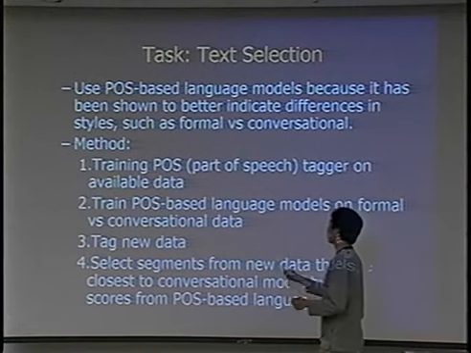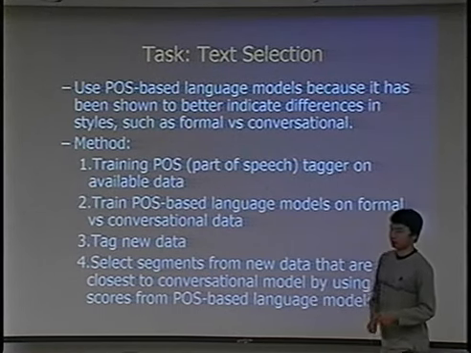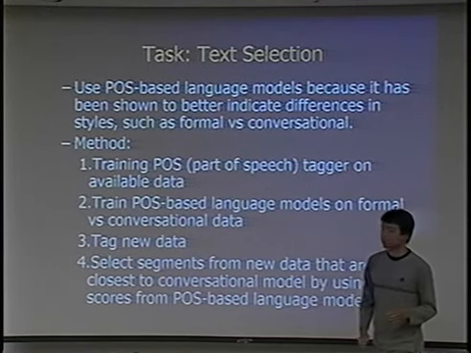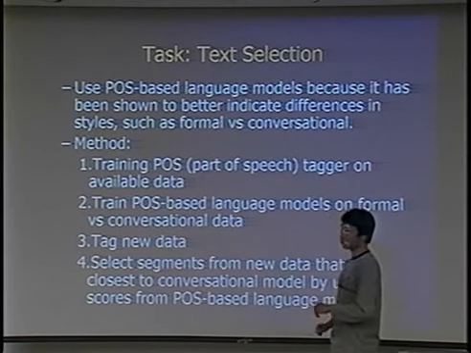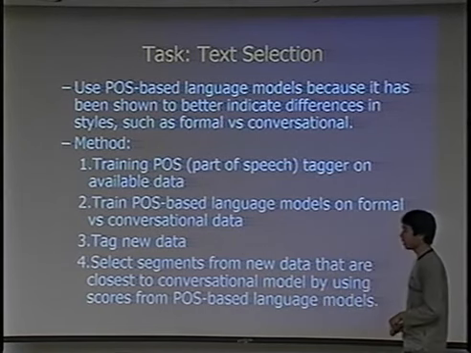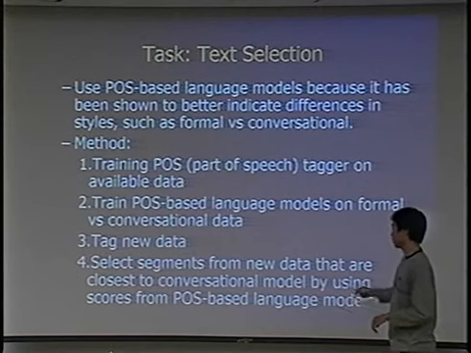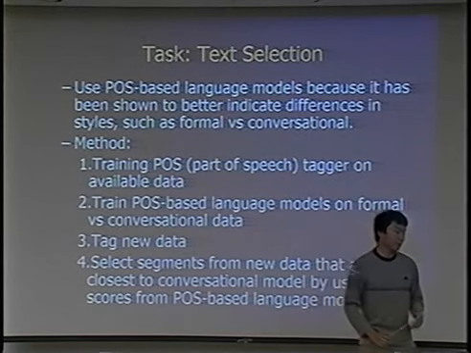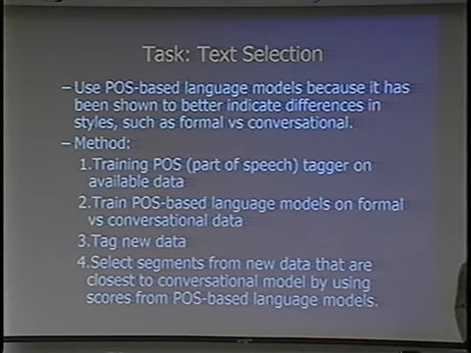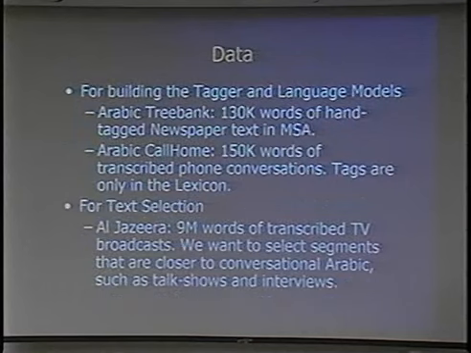Then I trained part-of-speech language models on formal and conversational text, so we have two language models. And I tagged new data from which we're hoping to do text selection, selected segments from the tagged new data, and added those to our training language model.